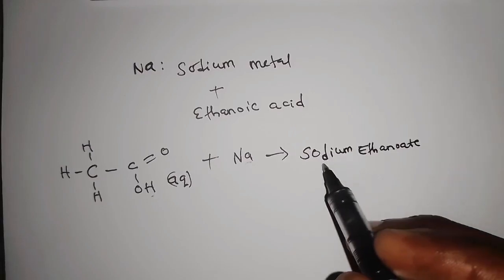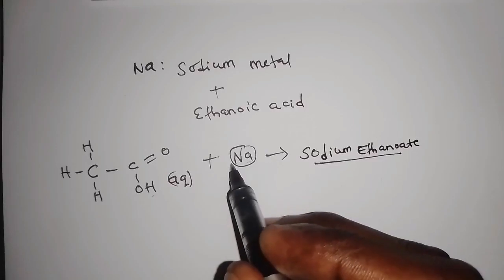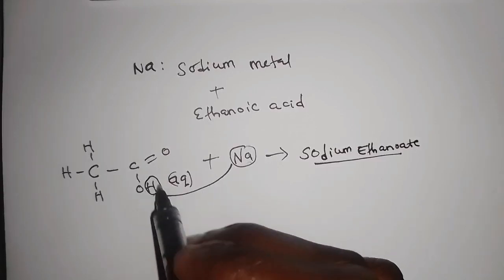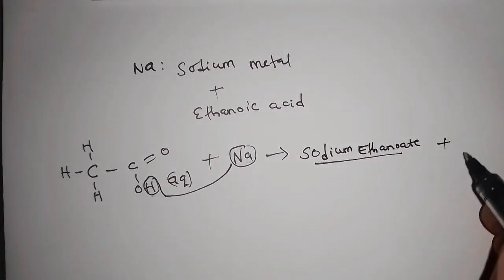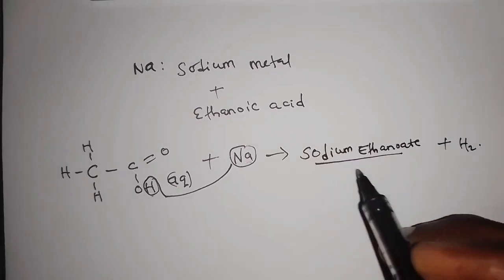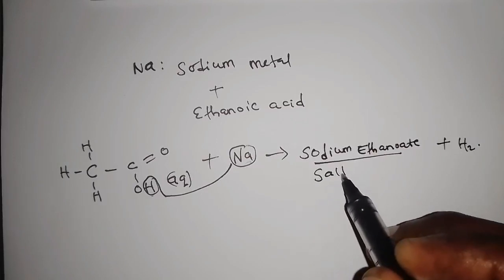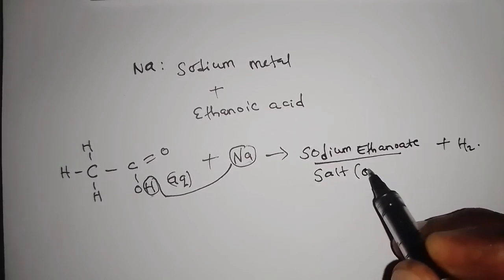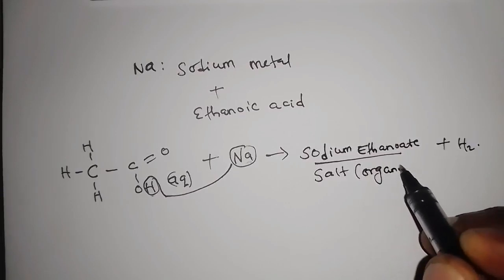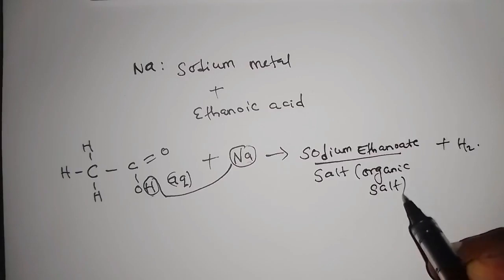Now this sodium metal has actually replaced the hydrogen, so you're going to have the hydrogen gas there. So this is basically a simple equation. This sodium ethanoate is normally called a salt, or simply an organic salt.